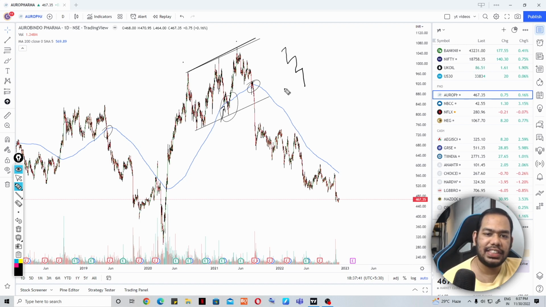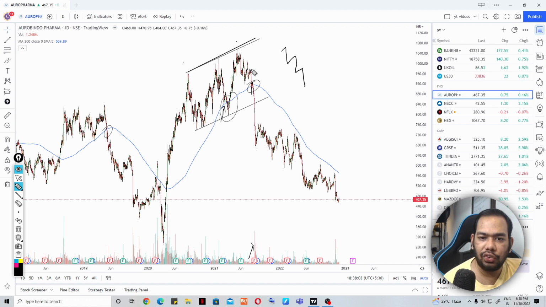Now in this case there was a channel pattern, and with the volume you can see that there was a good breach in this. Mostly if it's a false breakout, you will see lower volume as well. You can remember these 2 to 3 points which I have just discussed to avoid false signals from the 200 DMA.